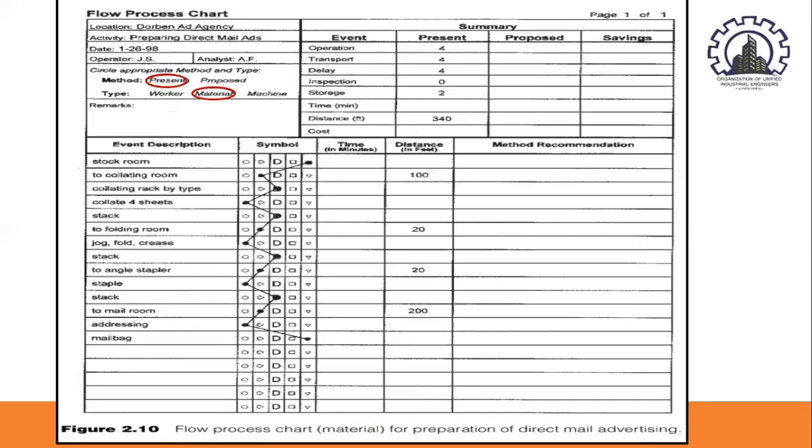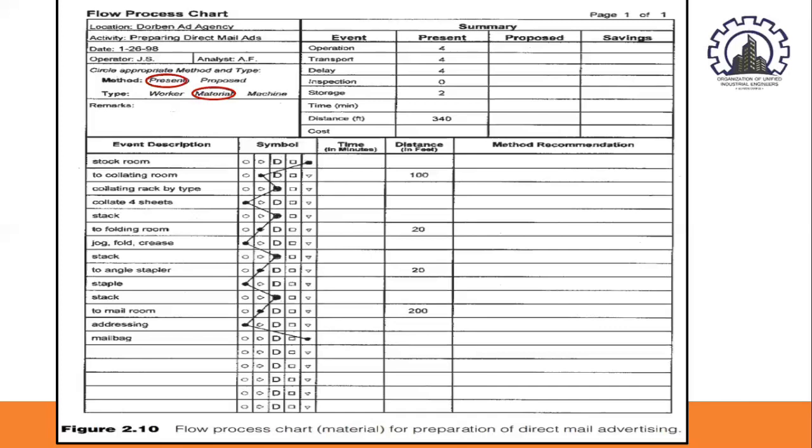For transportation, you also have a total of 4, right? The transportation symbol is the arrow. So you have to the collating room, to the folding room, to the angle stapler, to the mail room. Again, assuming that each process serves 1 minute, for transportation you have 4 in the present method. For delay, you also have 4 minutes.